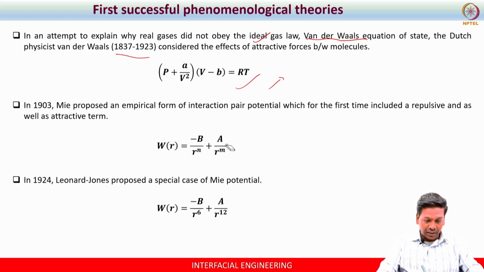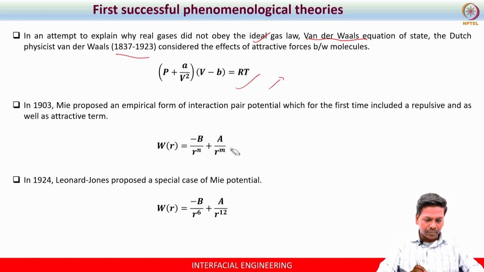Attractive force is often denoted using the negative convention, whereas repulsive force is often described using the positive sign convention, right? So here you have the negative attractive force as well as the positive repulsive force.